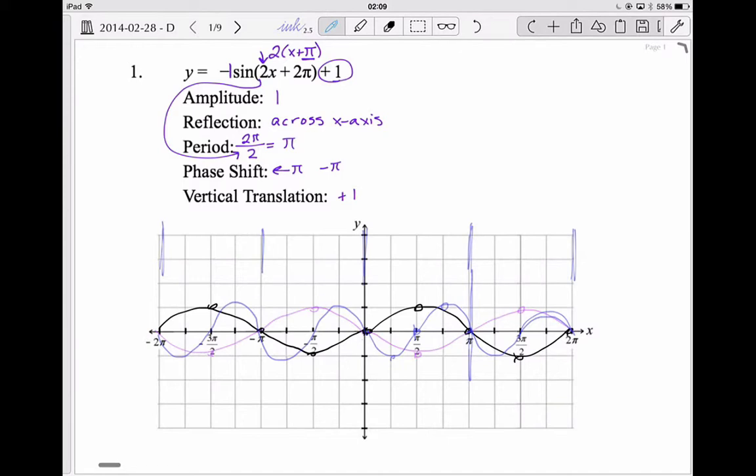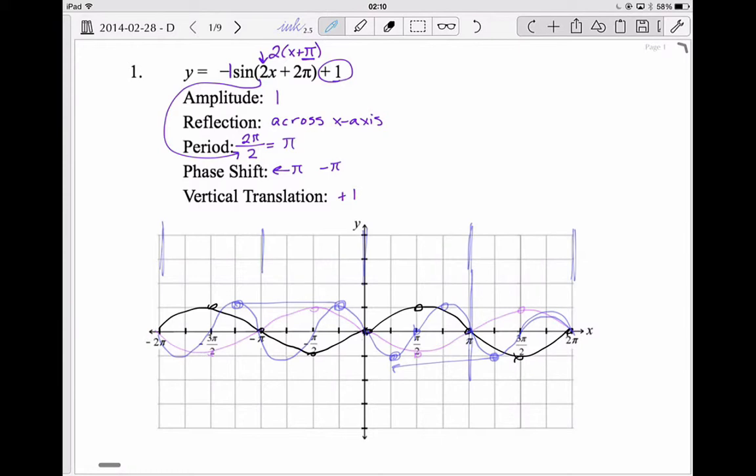If I scoot things over one whole pi, I notice that nothing changes. This dot can scoot over 1 whole pi. Oh, now it's here. Oh, but that was already a maximum. This minimum can scoot over 1 whole pi. Oh, well, now we're at this minimum. So my phase shift is actually not really changing anything. You can scoot it over, but you end up with something that looks identical to what you already had.